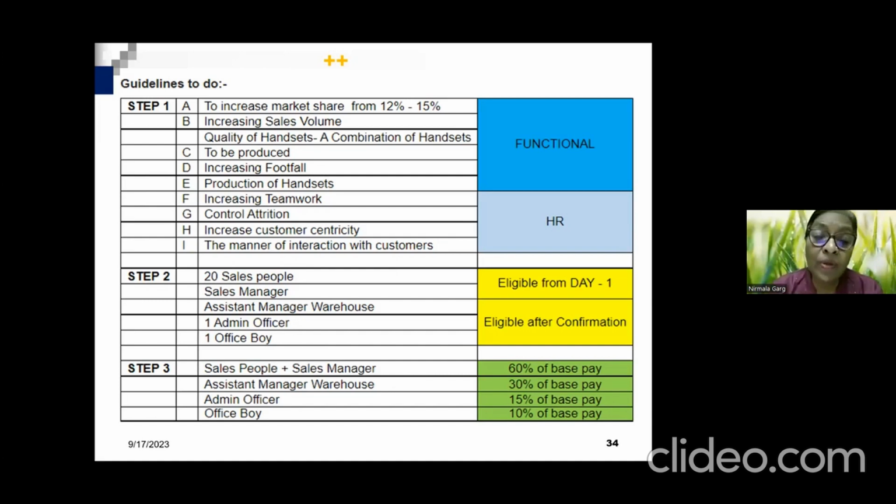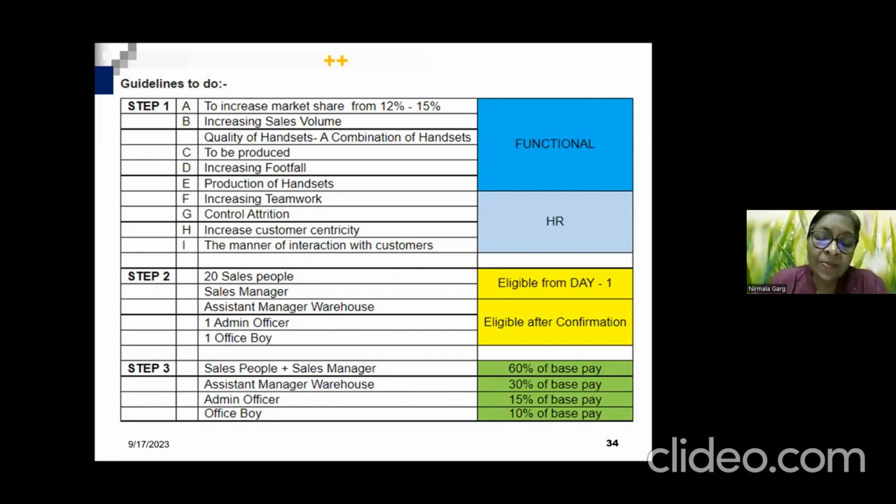Now, in order to increase their sales volume, they have to increase footfall. Production of handsets is being taken care of by the production team. Here we are only concerned about the salespeople who have to generate sales. But there are some very good salespeople who keep exiting the organization, who are attriting, so you definitely also need to take care of the attrition.